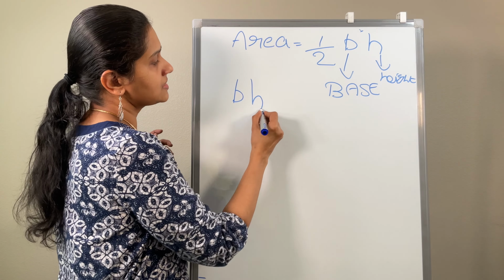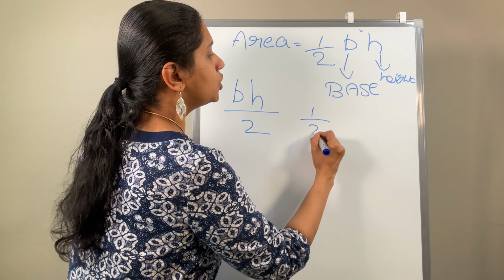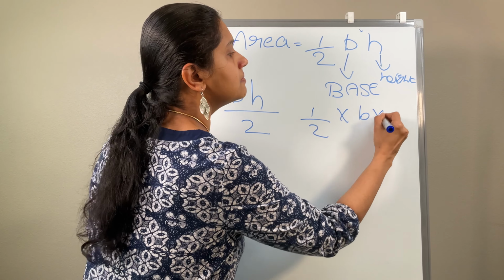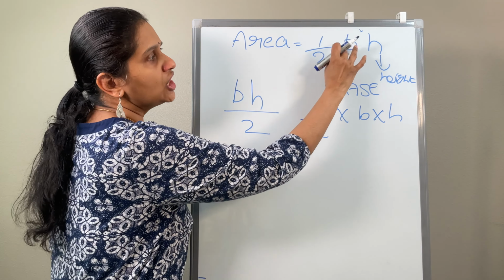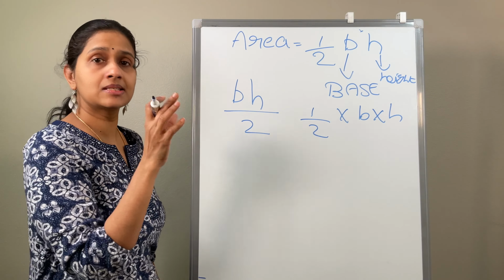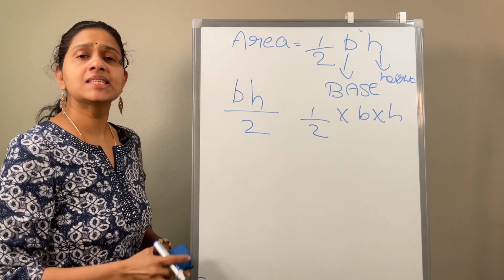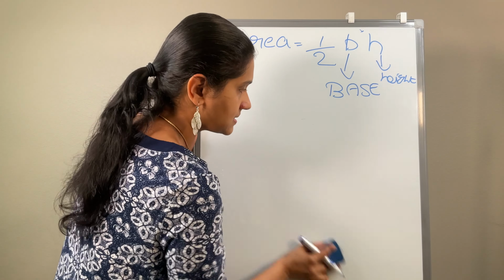In some places you can see it is written as BH by 2, or 1 by 2 times B times H. This is all the same. It simply means that you need to multiply 1 by 2 times base times height. Now we will see about this formula in detail with a few examples.